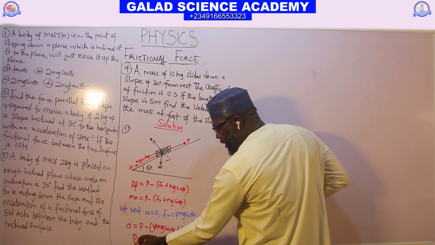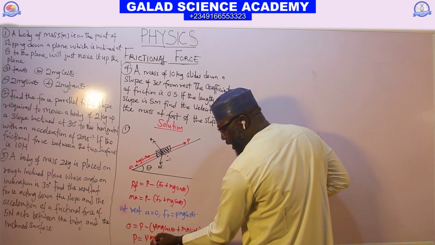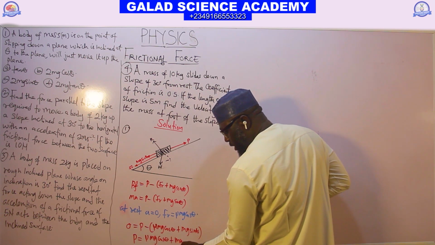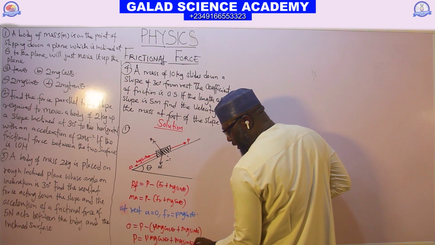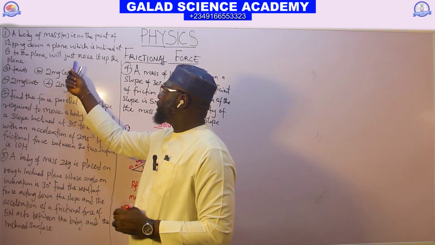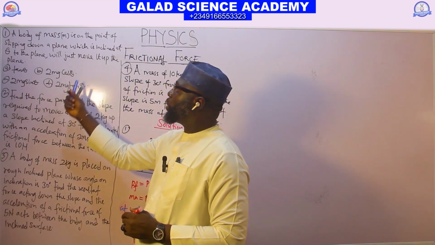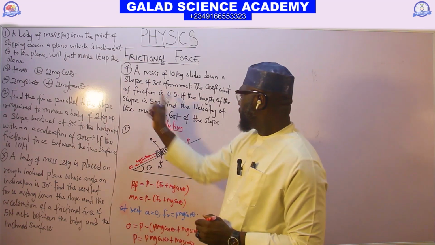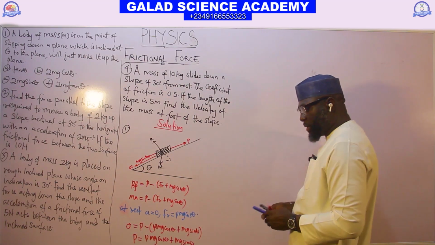You now have P equal to mu mg cos theta plus mg sin theta. We are looking for P. That will allow the body to move up the plane.